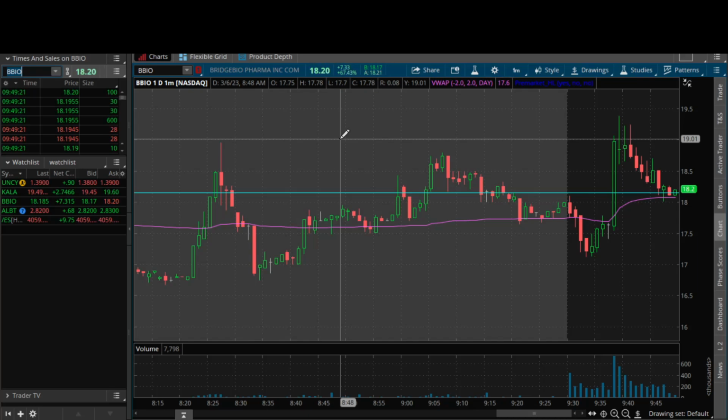We're still playing around with that weekly support, still holding that weekly support. I want the break of 1850. Notice I said break of 1850.